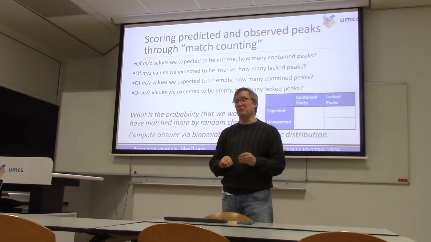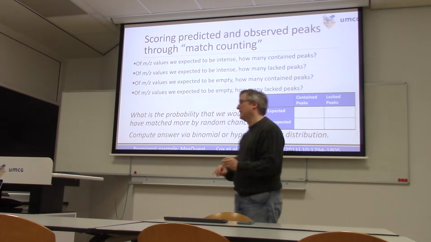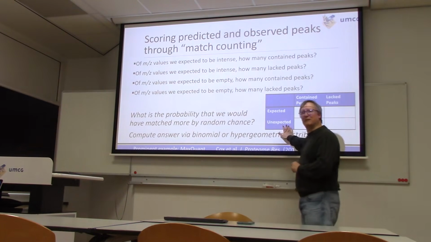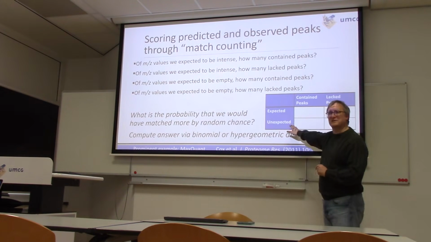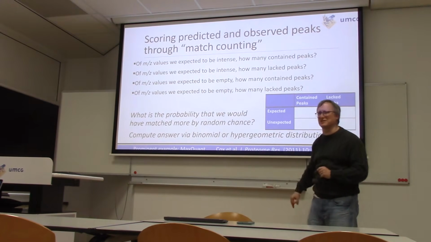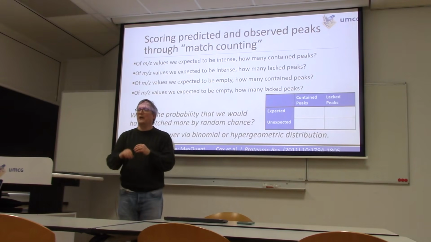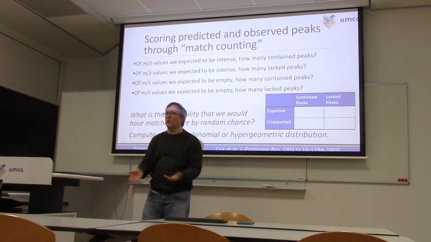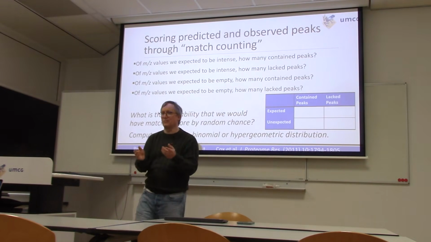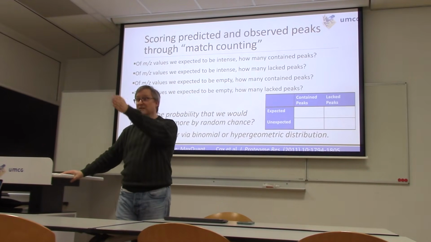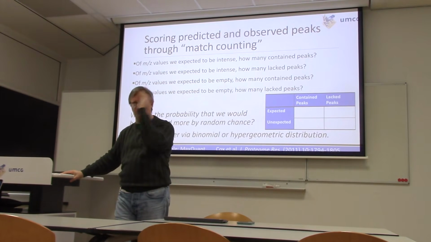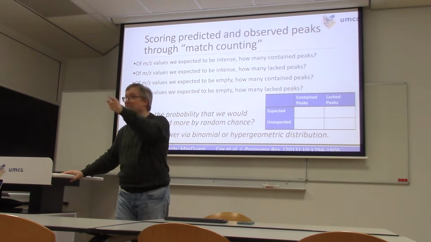So I'm going to give you a relatively simple answer based on match counting that uses what's called a contingency table. If you took biostatistics at some point, you probably remember contingency tables, but we'll try to talk about how those play out. So I have kind of 4 possible outcomes. I did predict a fragment ion at position 284, and there was a peak.